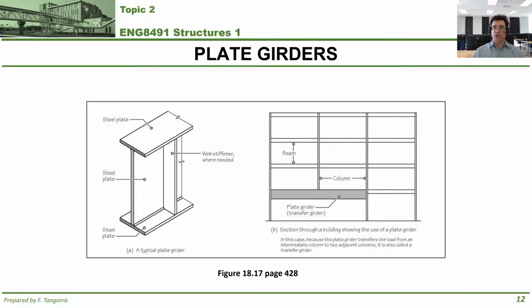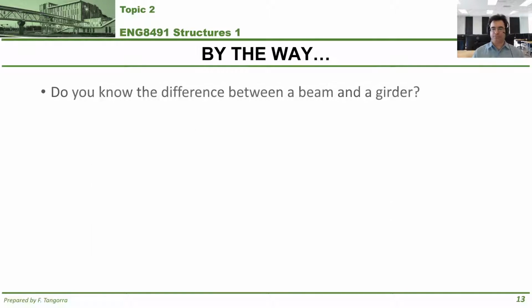They're usually used when you need a big beam to take large loads. So in this case, say you're trying to transfer the load from that column so that it does not go all the way down to the ground floor. You want to make it open space, say, and you would insert a beam as such.